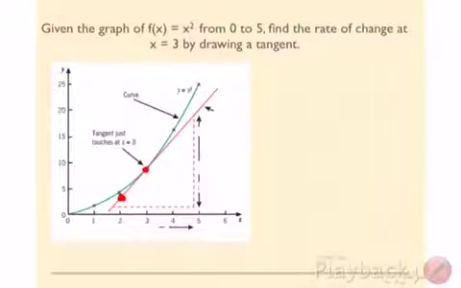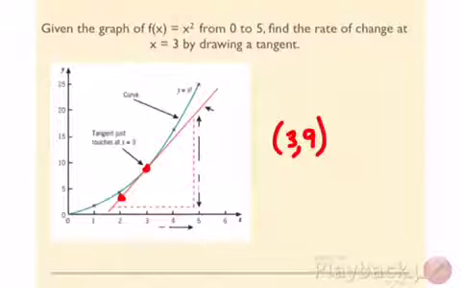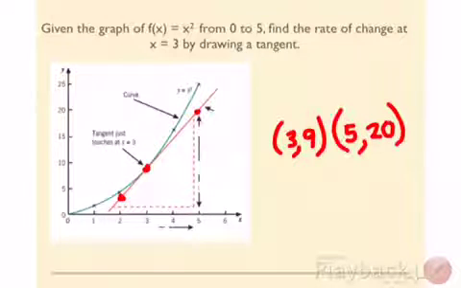In fact, I could even just take this point here, which is 3, 9, as one of my points. And then another point on the tangent, I could try maybe 5, 20 or 5, 19. So I'll go with 5, 20. And there are my 2 points on the tangent.